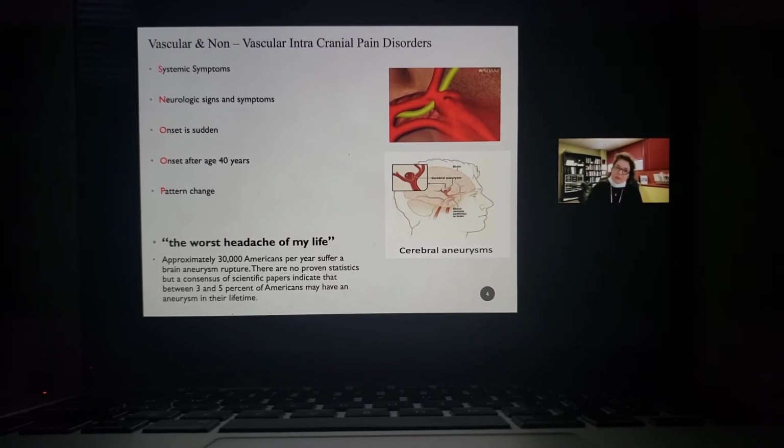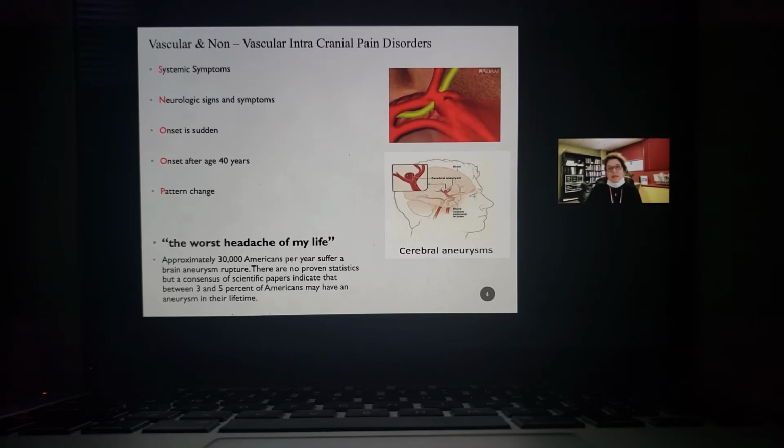But it's possible that in your dental appointments, when you are providing patient care, they will give you an idea about their headaches or about pain within the head and neck region, and you have to say, this doesn't sound like an odontogenic pain. This doesn't sound like really a TMD. This probably is a vascular or non-vascular intracranial pain condition.